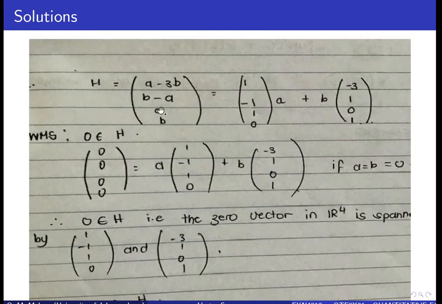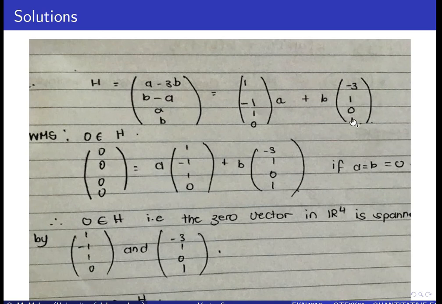Okay, this is my H, and this is another way of writing H, right? For instance, when I multiply A, I get A minus 3B. That's the first component. Negative A plus B is the second component. The third component is just A, and B is 0.